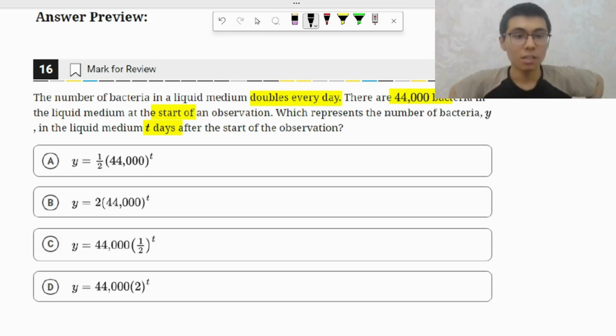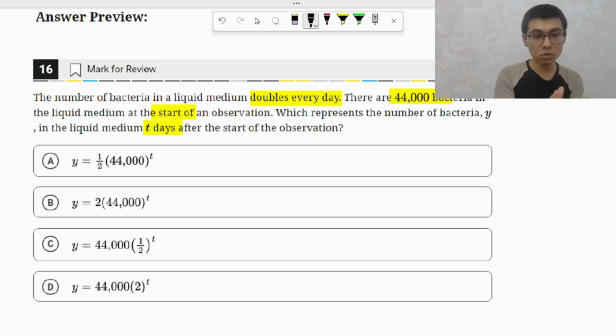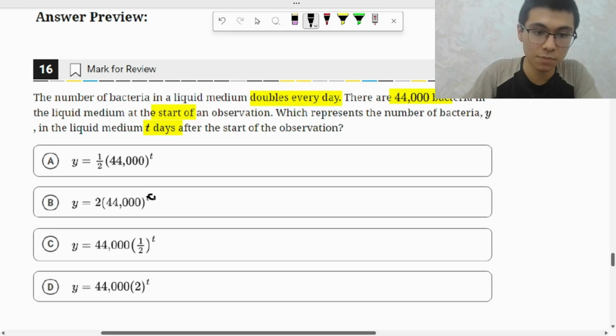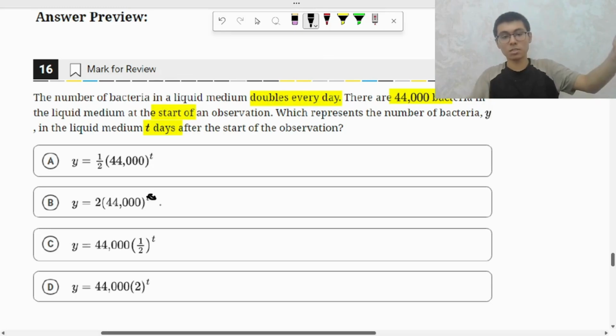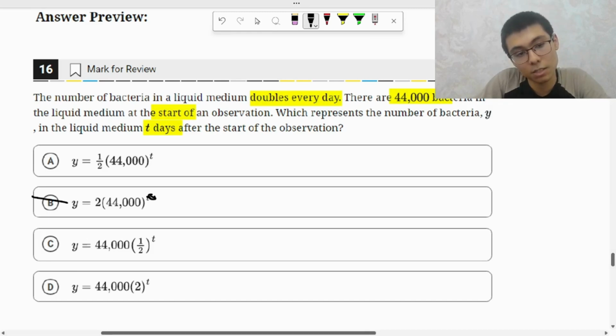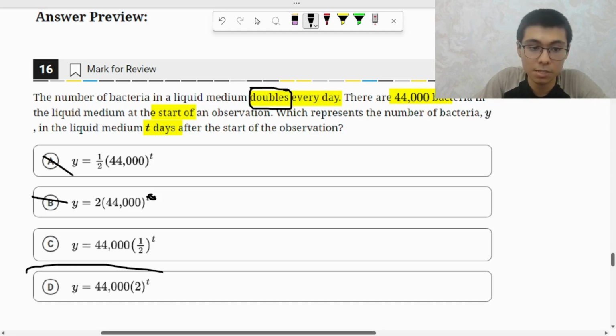As I said, there are two ways of solving it. You can just put 0 in the time section, as it's saying at the start there were 44,000 bacteria, and you can find the correct answer, but you will end up with C and D. Then what is important is the rate of increase. It doubles, right? It doubles every day. So it's going to be D.